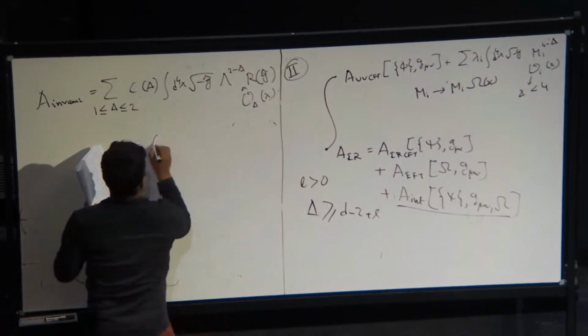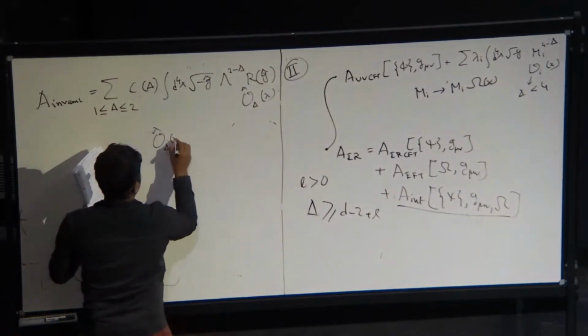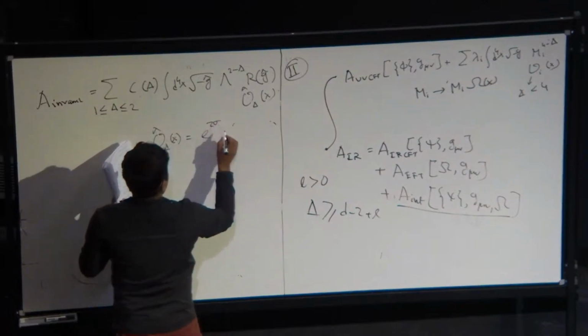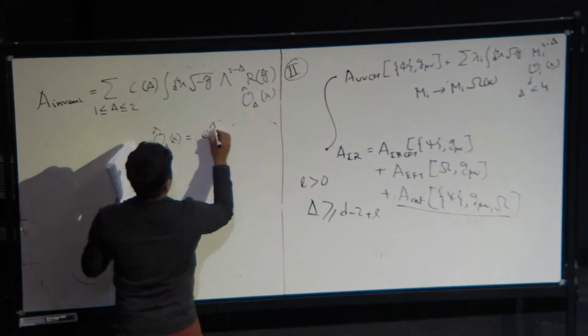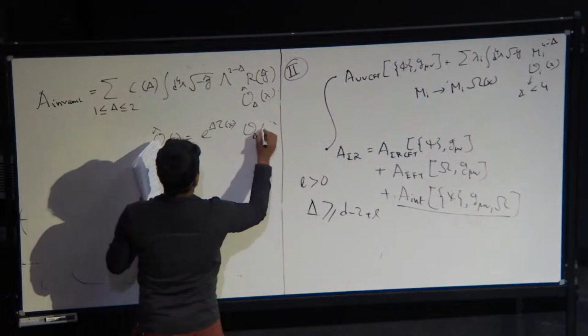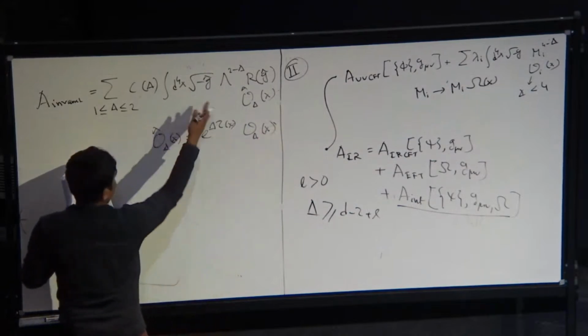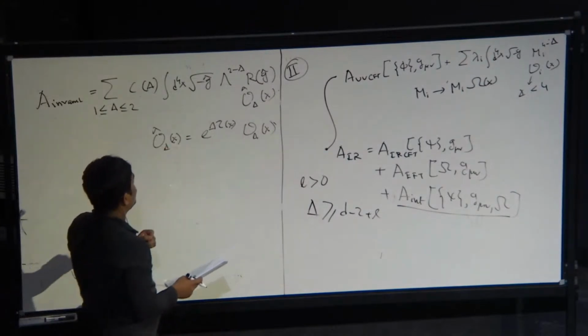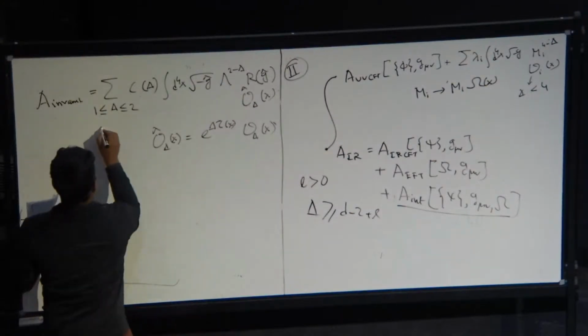I have this O hat of delta of x, which is defined as e to the power tau delta tau times the CFT primary, and G hat I already defined earlier. So this is a Weyl invariant combination of all. Now also obviously there will be irrelevant terms.